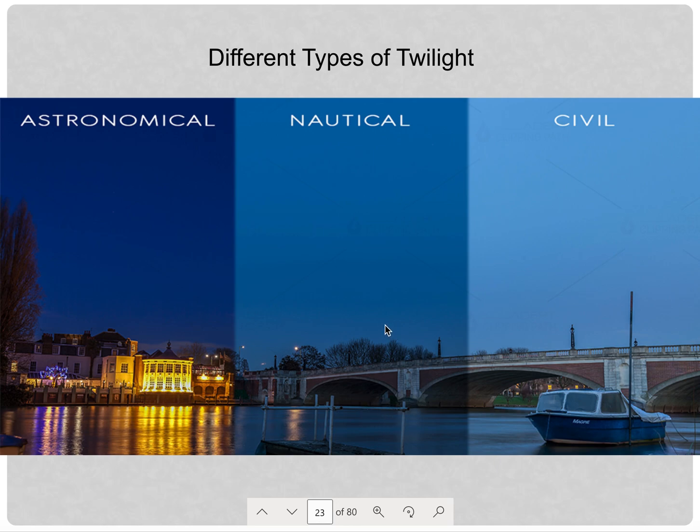So this is really nice. You probably have to do a little bit of editing to this, but this is still a beautiful time of the day to shoot. And then civil twilight, again, you can start to see a little bit through the glass, but not as much because now the rays are starting to come in and you've completely lost any ability to see through the water.